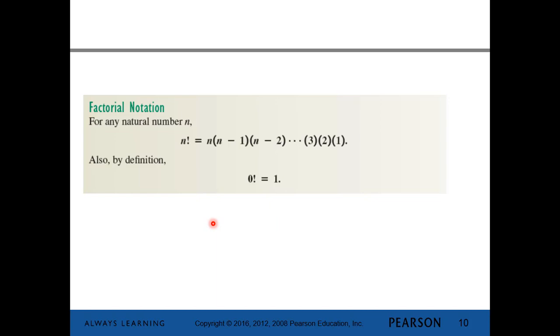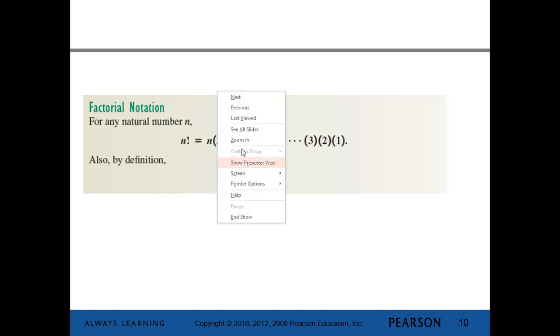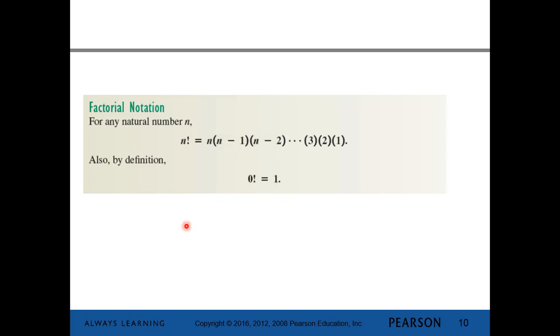Or we could just say, since we know the factorial, the answer is going to be 5 factorial. And so we can easily put that into our calculator and calculate it very quickly. So a lot of this stuff is going to be for ease of use. But also, when we get to the formulas, you'll know why we're introducing the factorial symbol.